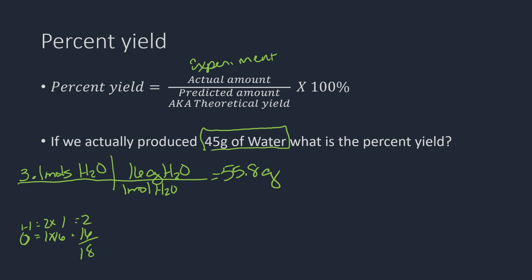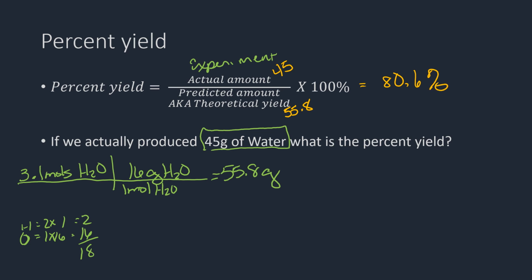So we take our experimental, which was 45 grams, divide it by our theoretical, 55.8, and we get 0.806, times 100 is 80.6%.